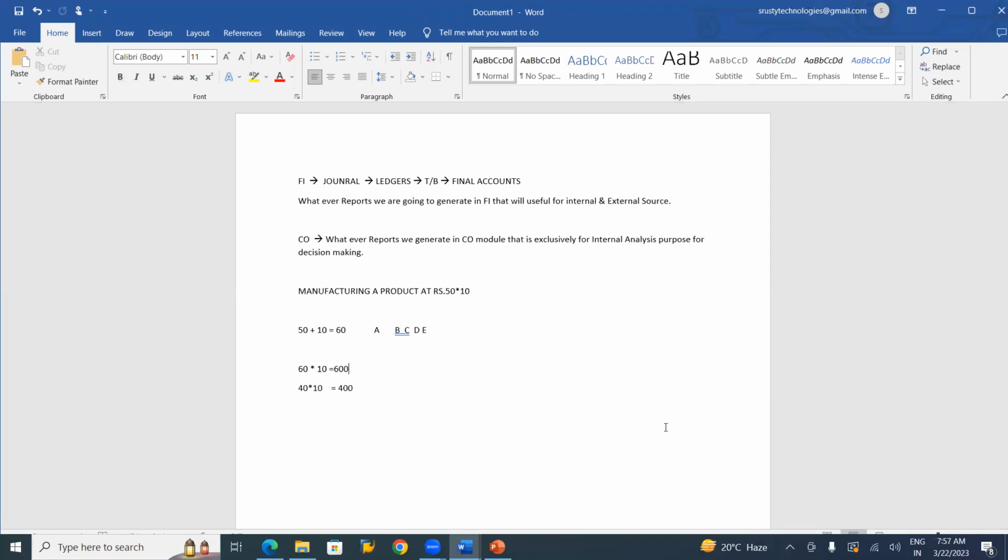Yes, please. See, basically the purpose of this report, what Naveen is mentioning, is we need to analyze as per the company norms. For example, we have A customer, B customer, C customer. The pricing of these customers also depends on the volume of sales we are making to that customer.